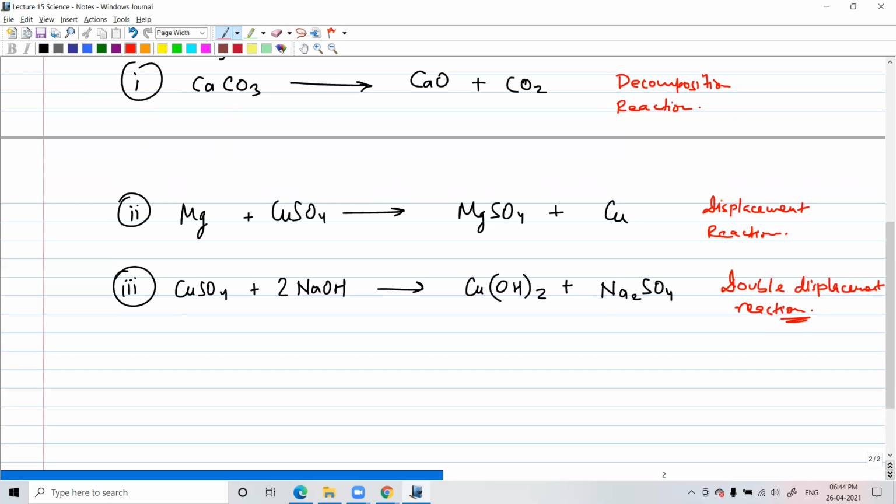Did we study this third example as part of our examples which we had taken earlier for double displacement? No, sir.